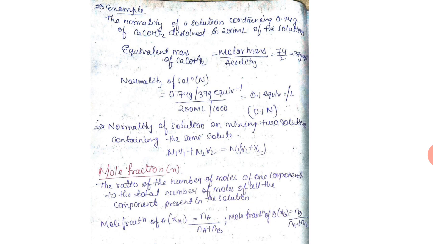So here mole fraction for component A is Na by Na plus Nb, and for component B it is Nb by Na plus Nb. So this is it.